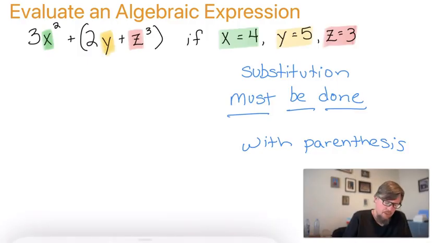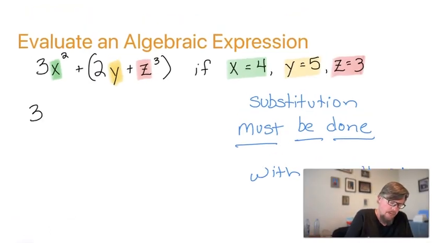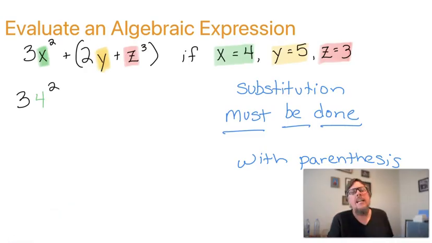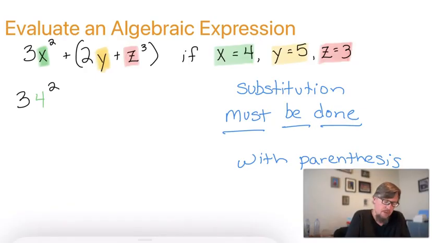As soon as I start writing, it'll become clear why. I'm going to do 3, and let's suppose that I did this wrong and did not put the parentheses. That is not 3 multiplied by x squared. That just looks like 34 squared. I don't want to do 34 squared. I want to do 3 multiplied by 4 squared. I have to have parentheses for that.